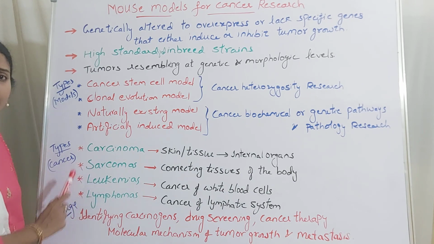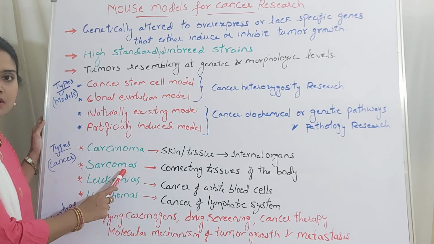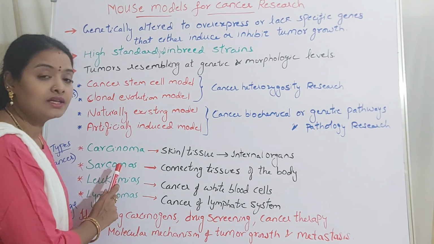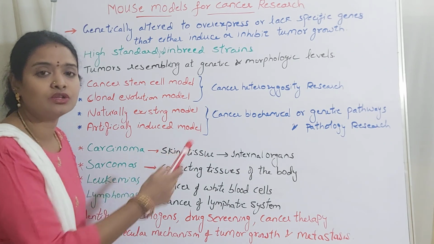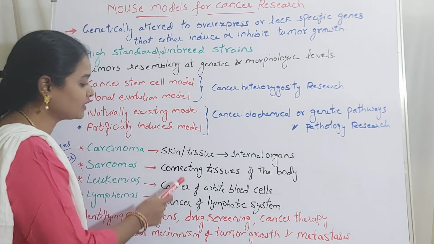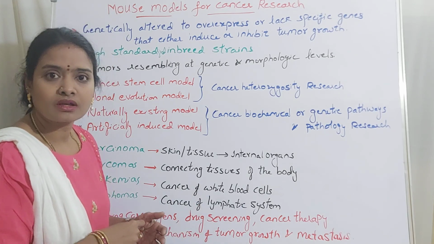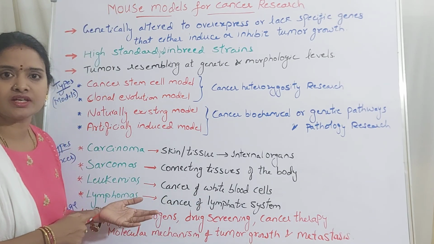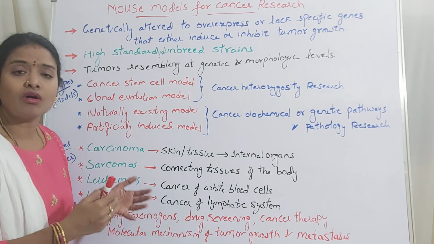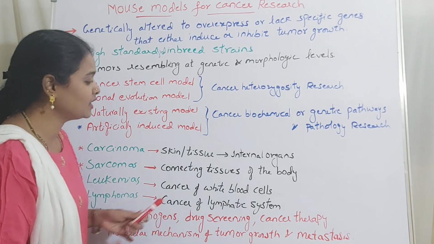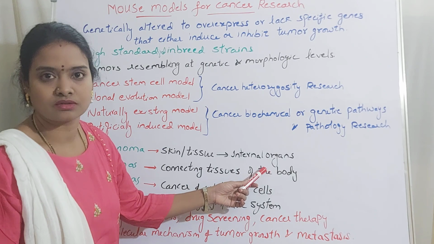The next type of cancer is sarcomas. In sarcomas, the connecting tissues of the body such as bones, cartilage or blood vessels. So all the connective tissues will be having this cancerous growth, right?